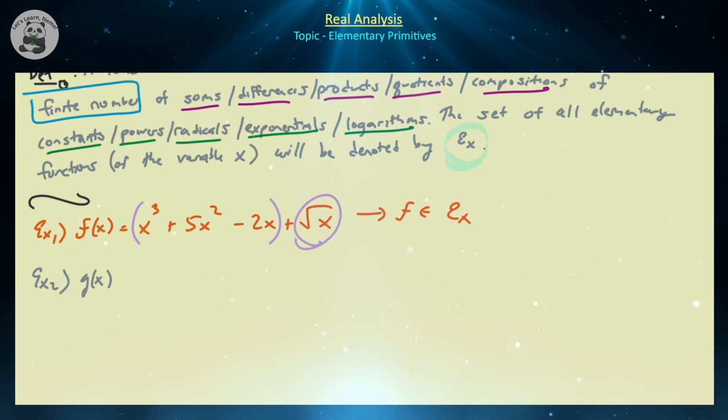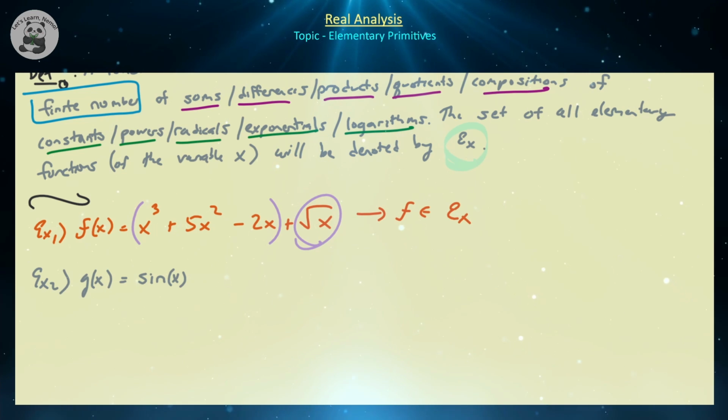Let's define g of x to be equal to sine of x. Notice that in the definition of elementary, we didn't mention any trigonometric functions or hyperbolic functions. And you're like, well, does that mean sine is not elementary? We use it in a lot of applications, and sine actually is elementary.